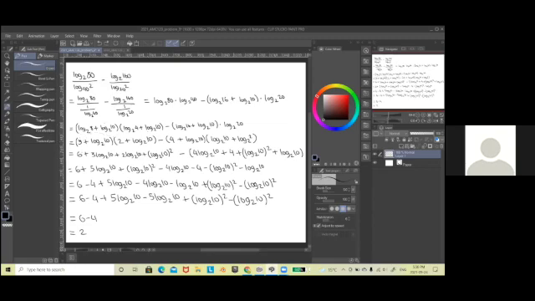If we keep going, we can find a few integer values here. Basically our goal is to get an integer value at the end, and we want to cancel out all the logs. Once we finish expanding, we can simplify.